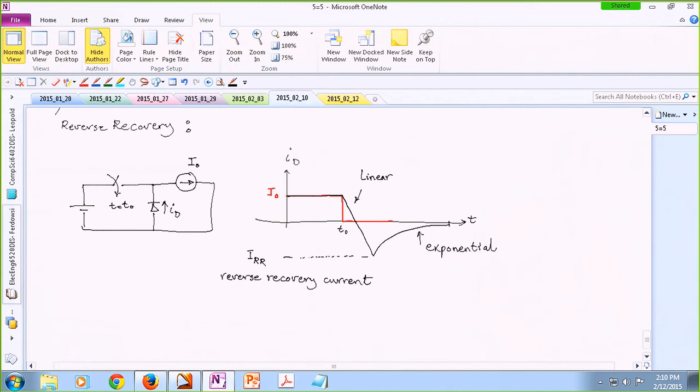And this time period that the diode current is negative is called TRR, which is the reverse recovery time. And again, it is mentioned in the data sheet.